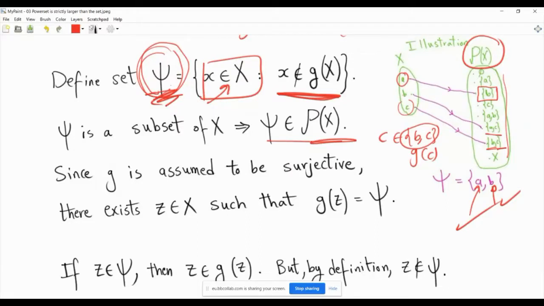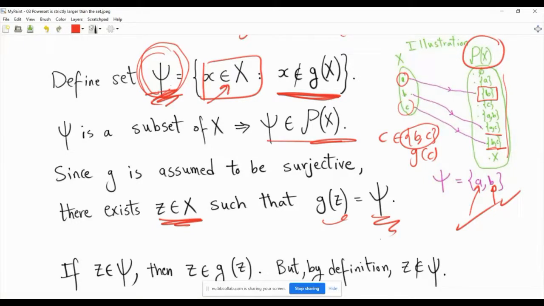Remember, we assume that our function is bijective, and if it is bijective, it is injective and surjective. And what does it mean that it is surjective? It means that there is at least one element in big X, let's call it small z, such that G of z is equal to psi.